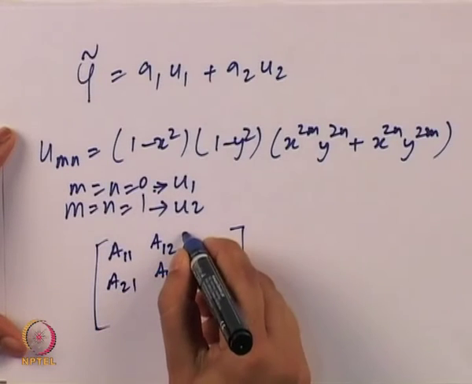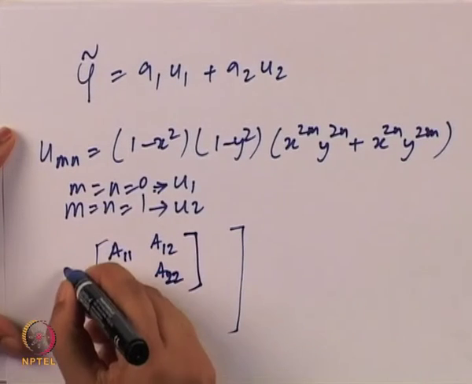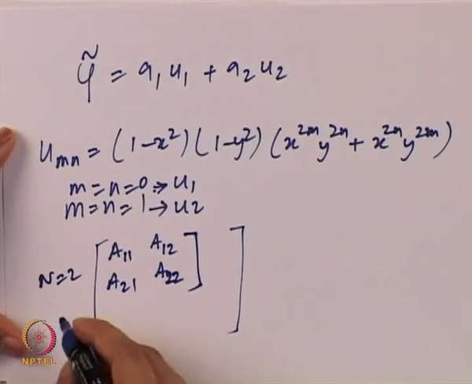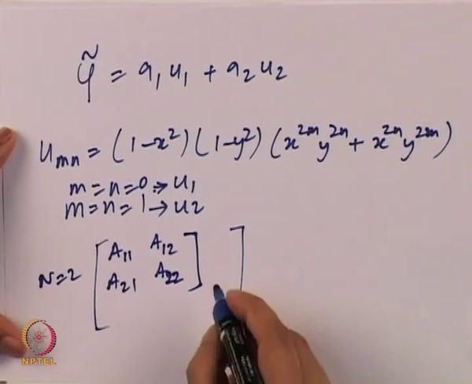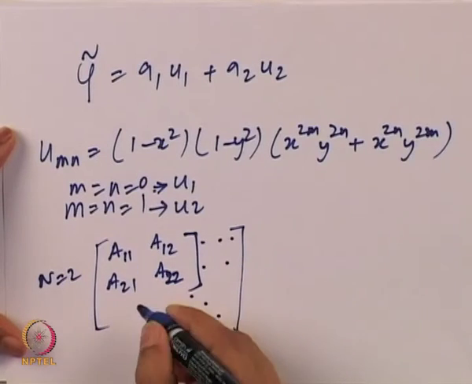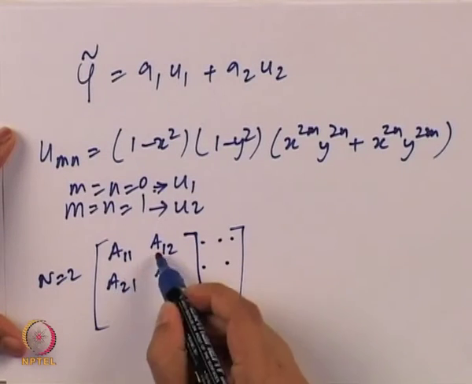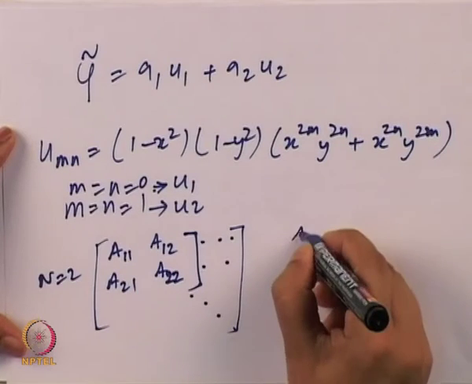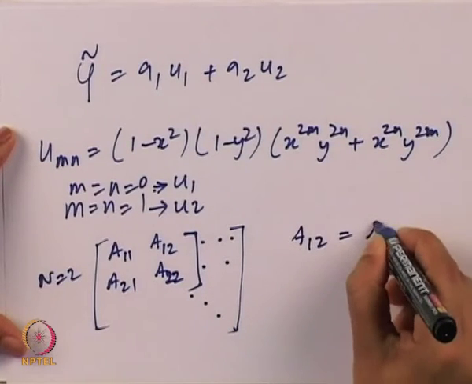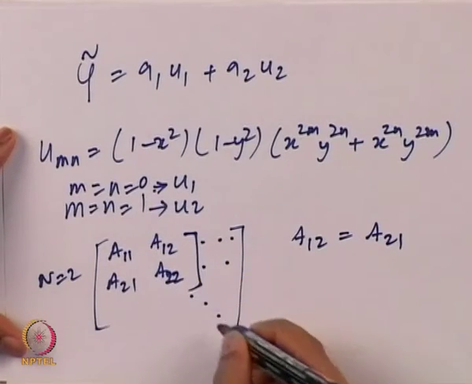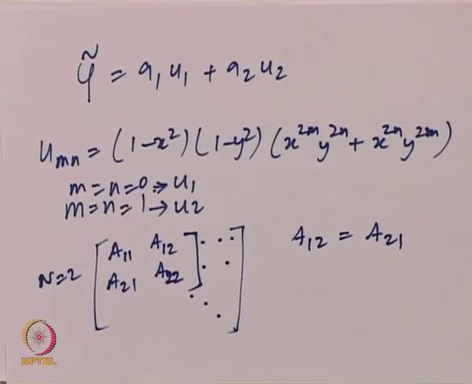So this is the size of the matrix for n equal to 2. The size of the matrix will increase for higher values of n, with more and more terms, and there is going to be some symmetry between the elements. So A12 should be equal to A21, whereas the diagonal elements are going to be unique, and that is what we are going to see in the MATLAB code.